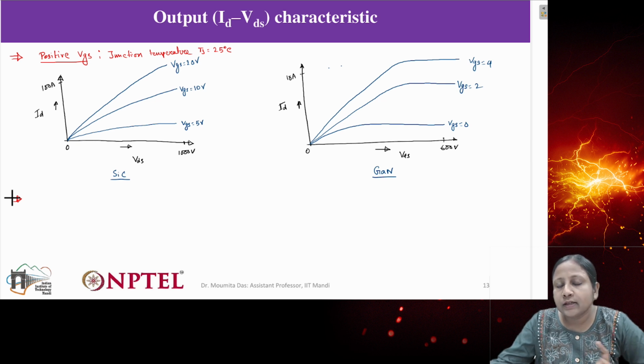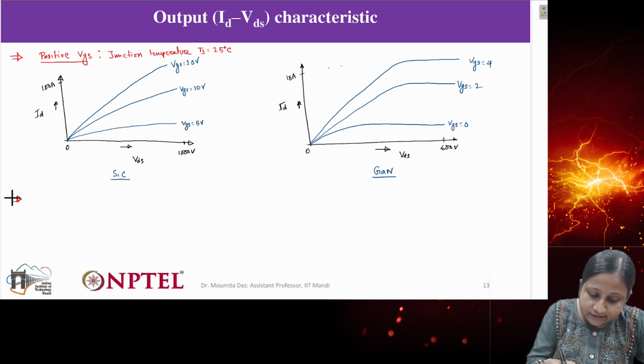In the case of silicon it is like 0 to 15, meaning the voltage remains on the positive side, but in the case of GaN and silicon carbide the voltage ranges can vary, let's say from -4 to 15 volts or -2 to +4 volts, like this. So this characteristic is with respect to positive gate voltage, but if we provide negative gate voltage, how will the characteristics look? Let's see that.